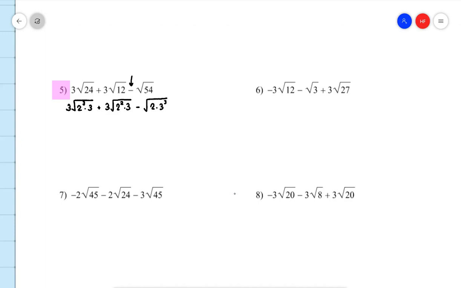Since we're working with square roots, remember anything with a power of 2 or higher is going to come out to the front. So we get 3 times 2 here. So one of those 2's is going to come out. We're still left with another one, and that 3 stayed inside.